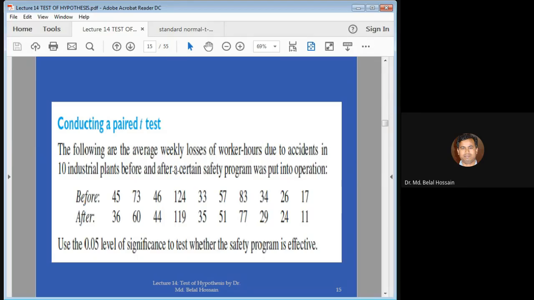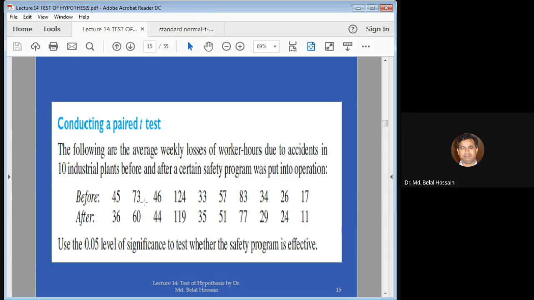So get that clue for the pair t-test: it should be before or after values in some way, pre-test or post-test, or somehow x1 and y1 will be correlated or dependent samples. Somehow the clue will be given.